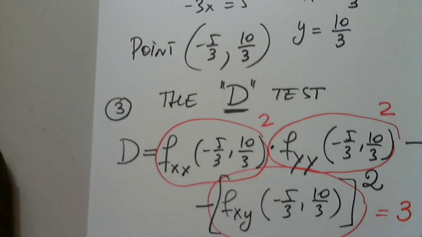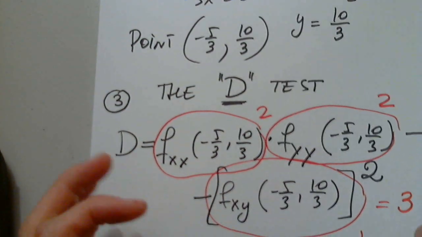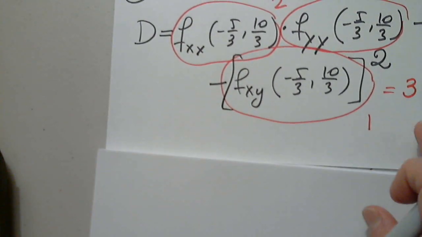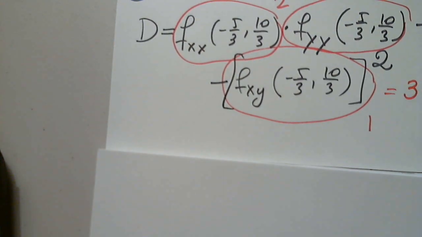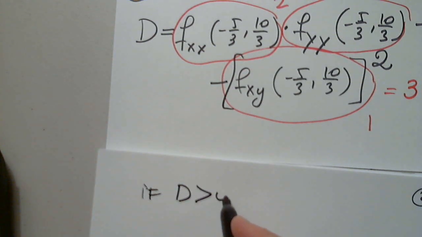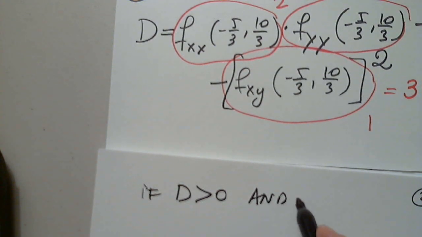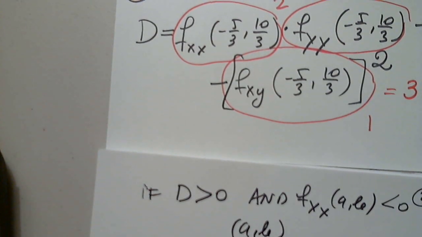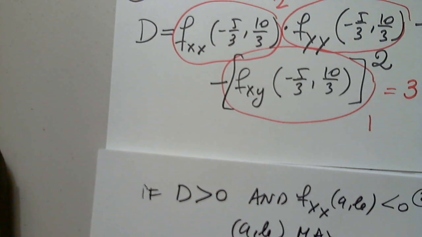So what are the options? And here's our conclusion. No other calculations are required. We're just going to discuss the D test, and they will tell us what this means. If D is positive and Fxx at this point, A comma B in general, is less than 0, A comma B is a relative max.